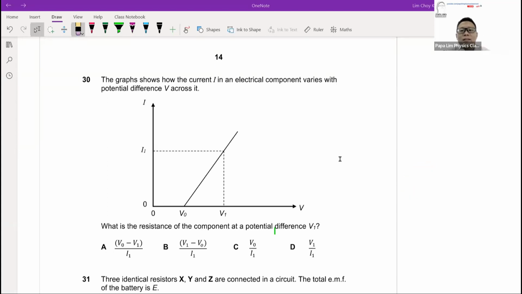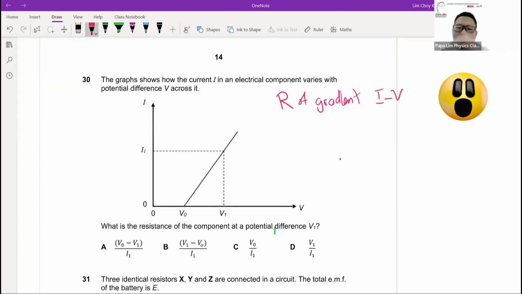Now, for some of the questions where they involve curves or even other straight lines, some of us tend to have this understanding that somehow R is related to the gradient of the IV graph. It's not wrong, but it's not actually correct either.